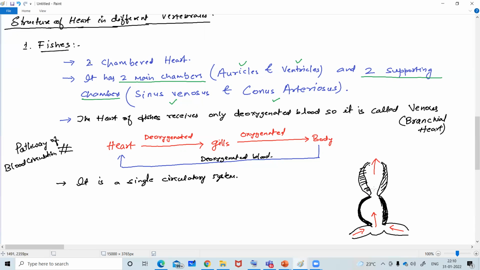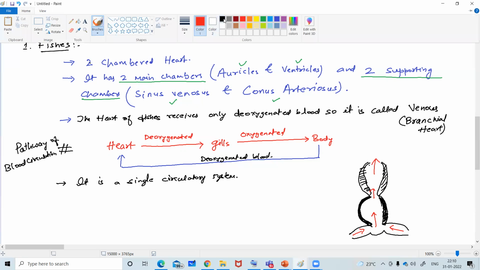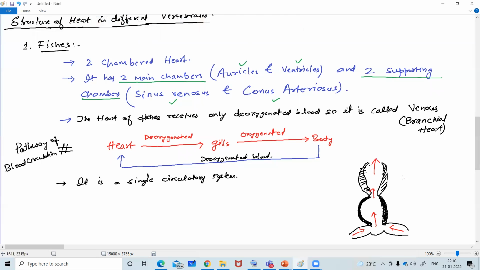upper chamber. Now let me write the name. This chamber is called ventricle. Let me write here. This is ventricle. This is auricle.